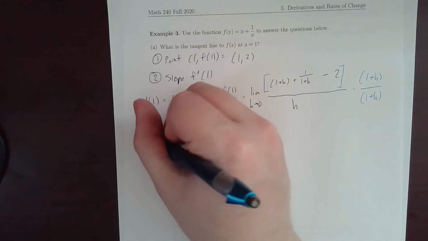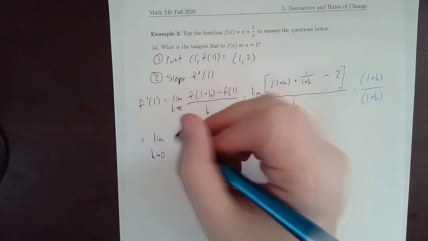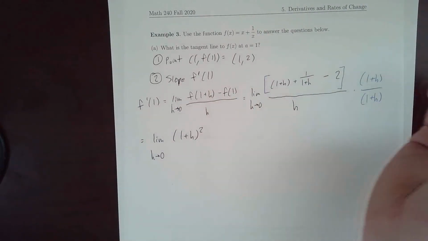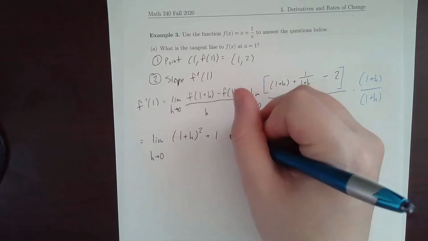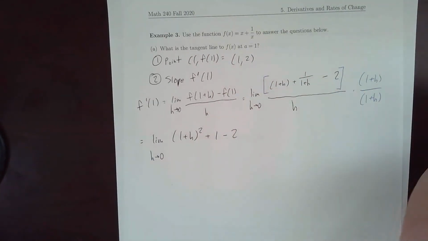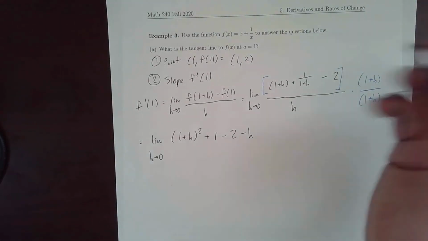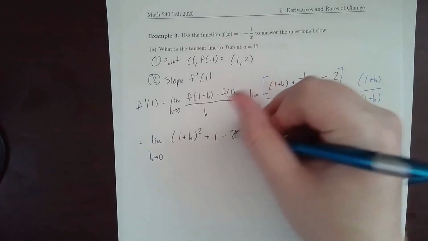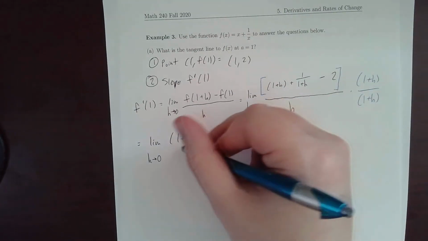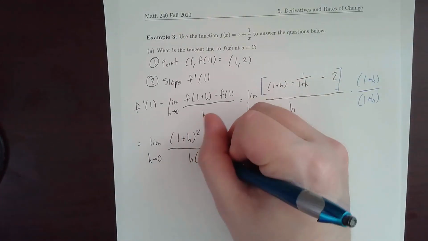We get the limit as h approaches 0 of 1 plus h squared plus 1 minus, if we distribute the negative 2 through, we'll get minus 2 minus 2h, and this will be all over now h times 1 plus h.